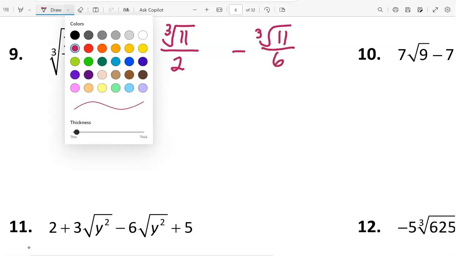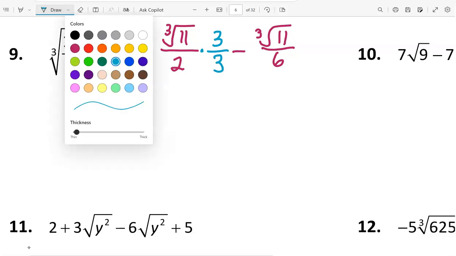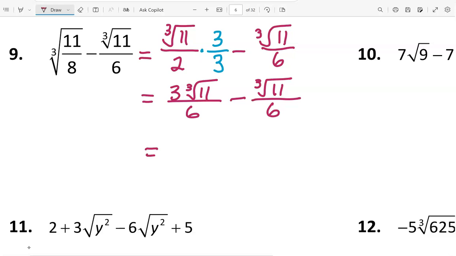Now we're going to need a common denominator in order to be able to subtract. So I'll multiply the first fraction by 3 over 3 to give us a common denominator of 6. So now we have 3 times the cube root of 11 over 6 minus the cube root of 11 over 6. And the understood coefficient on that second fraction is 1.